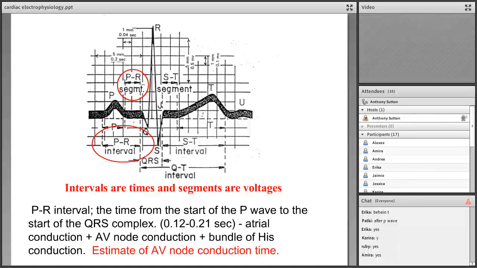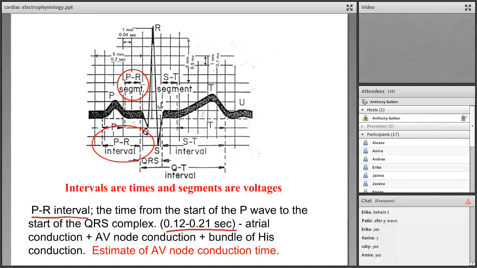Now, Amira was asking, do you have to remember any of the numbers? The only thing that I've ever seen them ask about, or that somebody said they've asked about, was the normal PR interval. The normal PR interval is between 0.12 and 0.21 seconds. Somebody says, how in the world am I going to remember that?